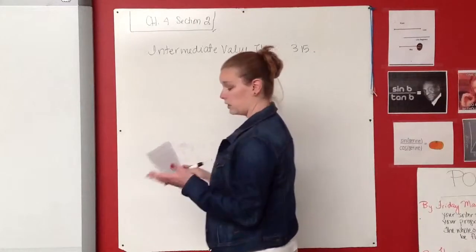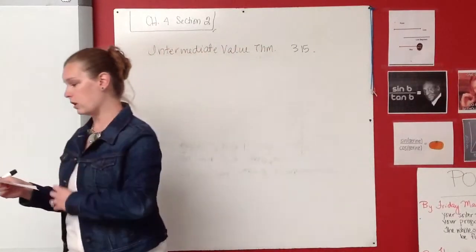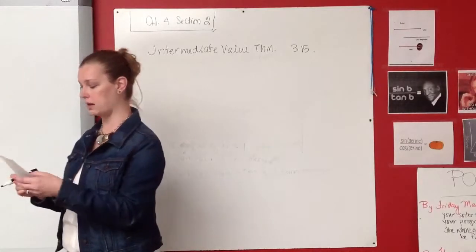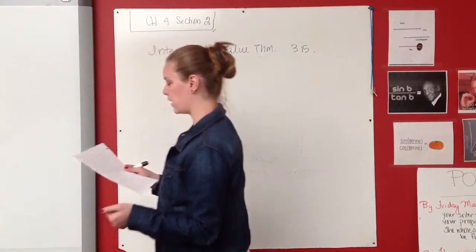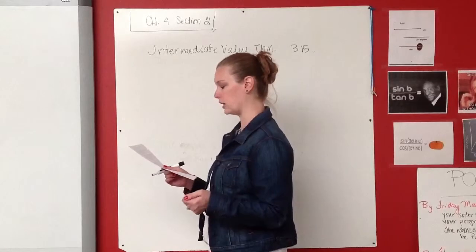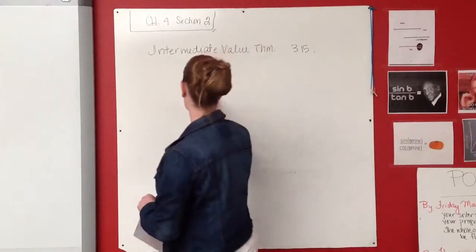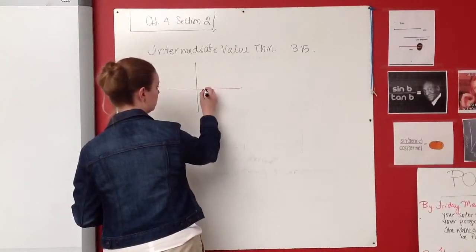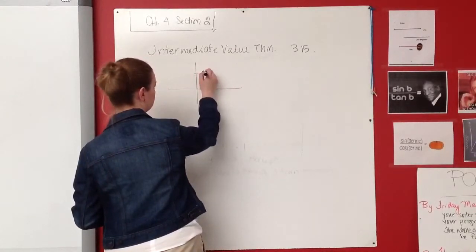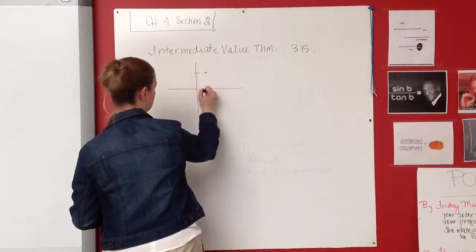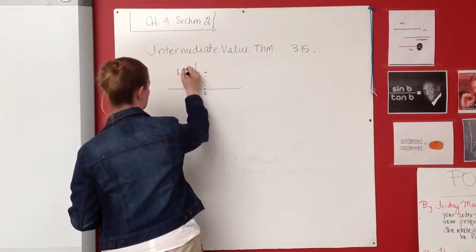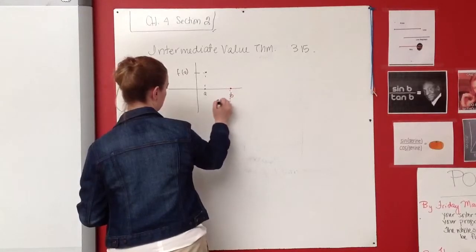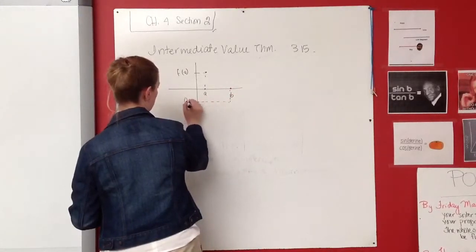And what it says, you can read it plain as day. It says, for any polynomial with real coefficients, as long as a is not equal to b, if p of a and p of b are opposite signs, then the function has at least one real zero between a and b. So the idea is, as long as a and b are not the same, you plug in a, you get some f of a. You plug in some b, and you get some f of b.